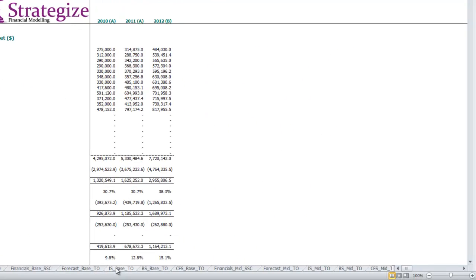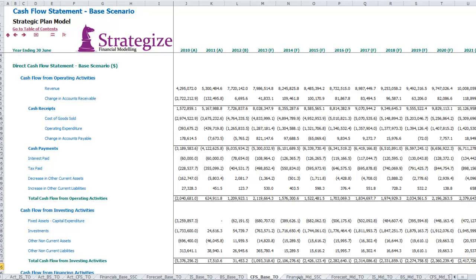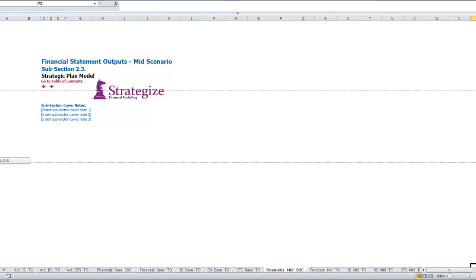So that just about sums up the importance of a best practice financial model. As you can see with this model here, it's very, very detailed in its approach, and this is where you can add value to the best practice financial model.